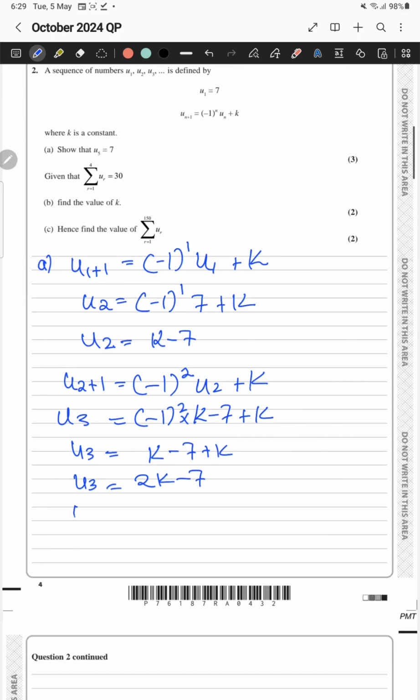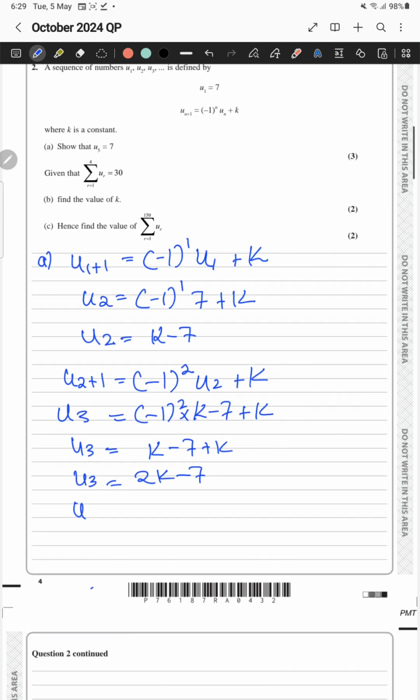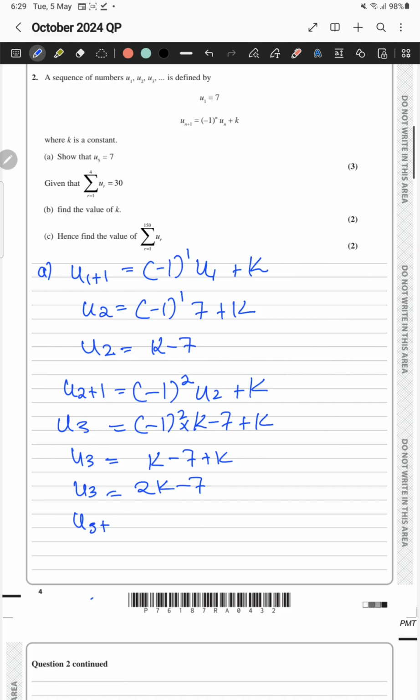Now let's go for u4. Now u4 is basically going to be u(3+1), which is minus 1 to the power of 3, times u3 plus k.